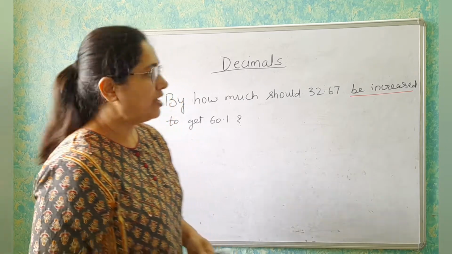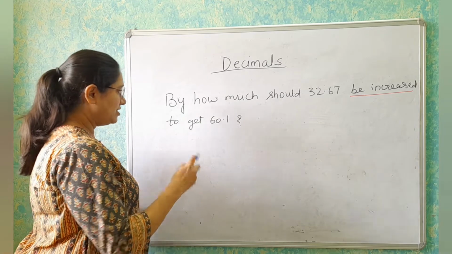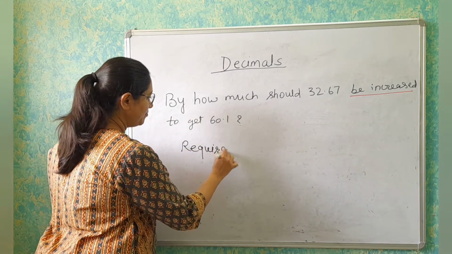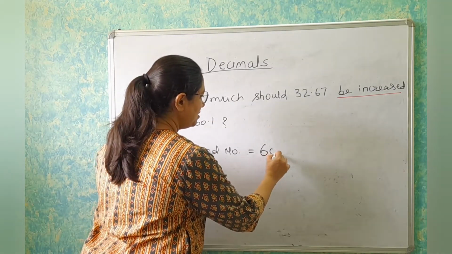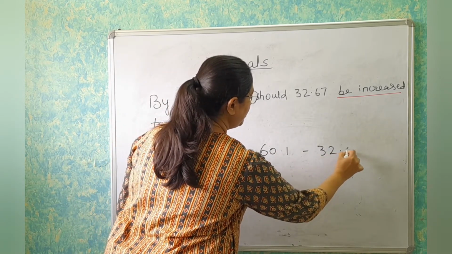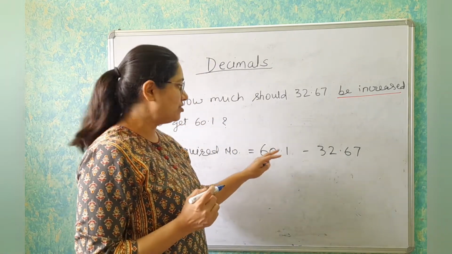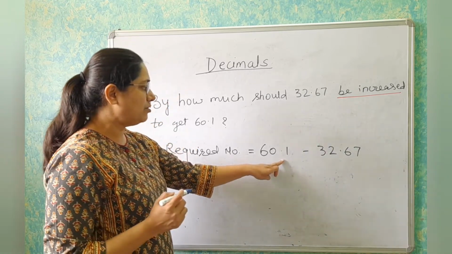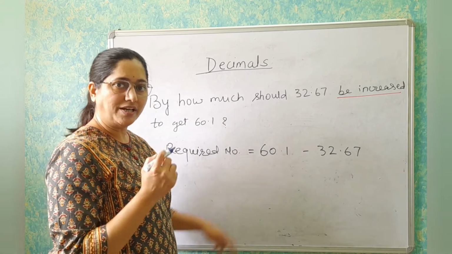So simply we have to find out the difference between these two numbers. So we can say the required number is 60.1 minus 32.67. But again these are two unlike decimals. So first we have to make them like decimals. So we have to simply put a 0 in this number so that both the numbers have the same number of digits in the decimal part.